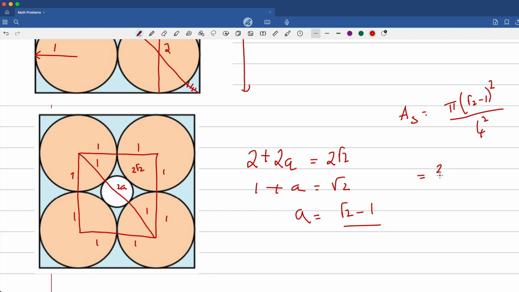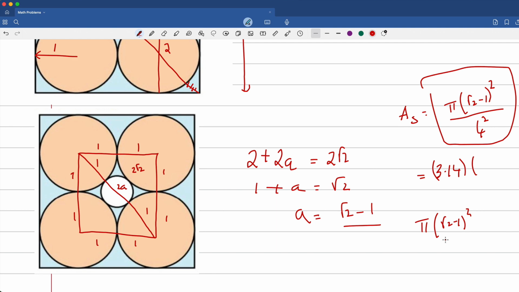So that's 3.14 times 0.414 whole square divided by this. You can calculate the value to arrive at the numbers. But I would like to leave it in the abstract, saying pi times root 2 minus 1 whole square divided by 16. This is the ratio and the answer to the question.